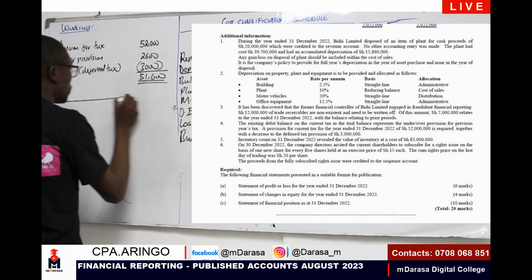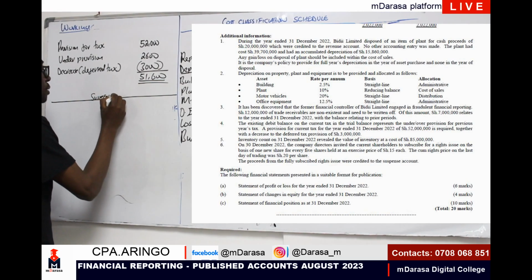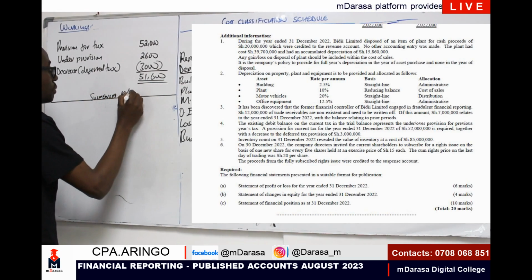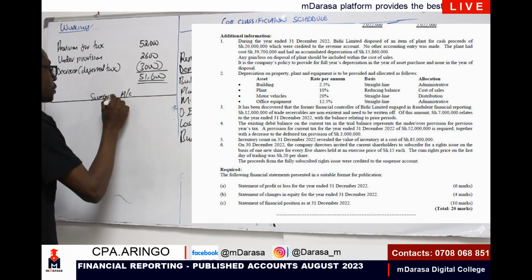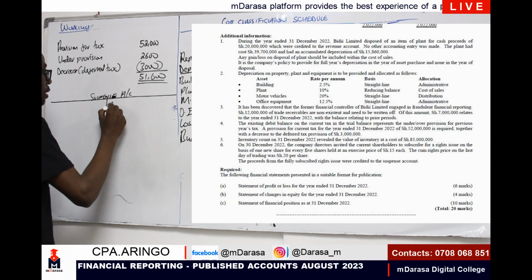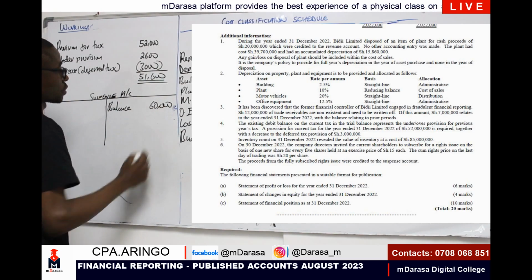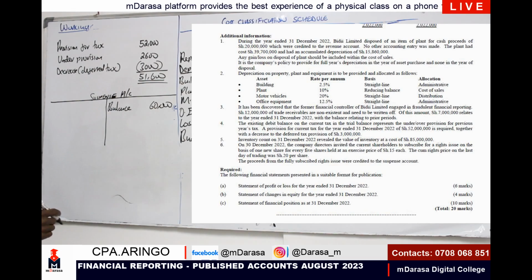We need to write off that suspense account. Whatever was reported was 60,000, right? What happened to that?